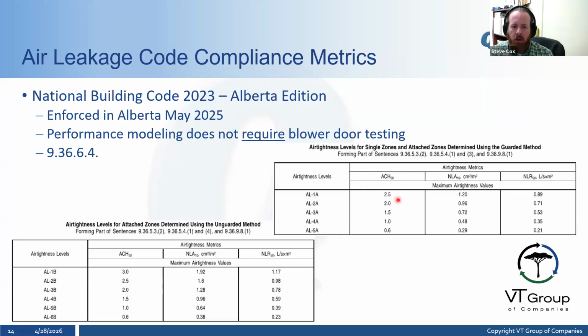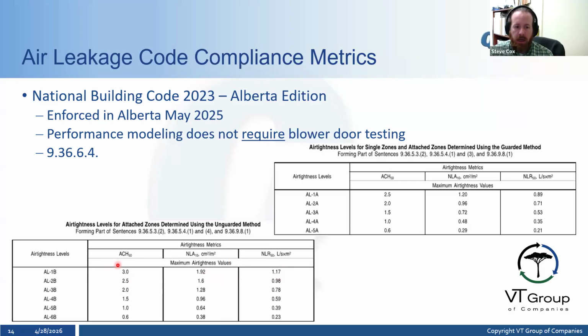So we have 1 air change per hour in a guarded test situation, and then we have another air tightness target for unguarded. In EnerGuide, they don't let us do the guarded test. So if I want to do air leakage testing on just the middle unit and they want an EnerGuide label for it, then I have to only do that middle unit. As a result of the leakage through the party walls, they've given us a little boost to the ACH, a little boost to the NLA and a little boost to the NLR.